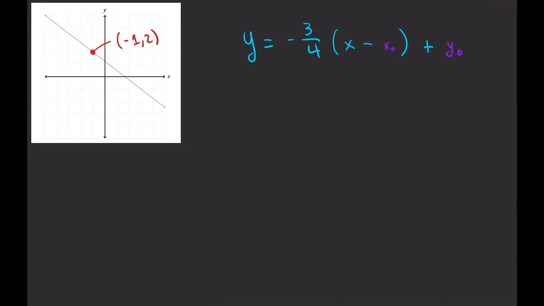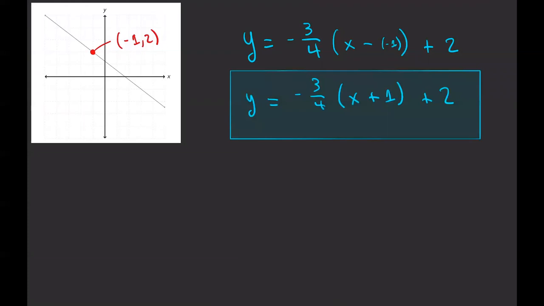And so I can plug in that -1 and the 2, because that's a point, an x comma y, that satisfies this equation. And then at this point, we can just simplify. And this right here is a perfectly acceptable format for the equation of the line.